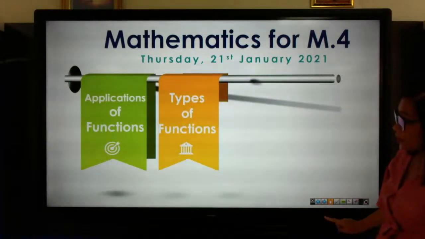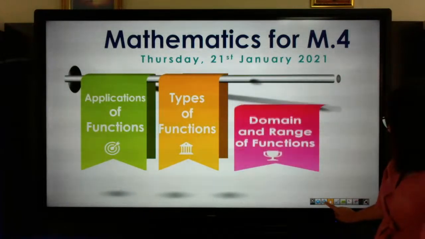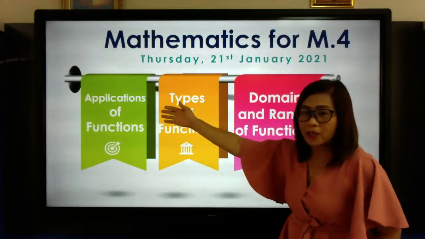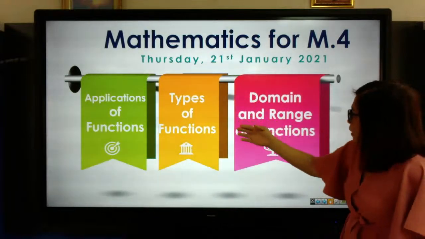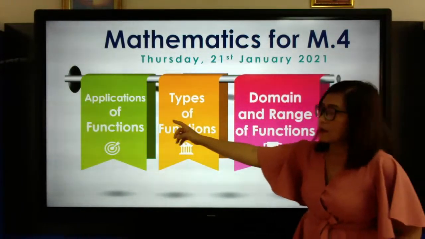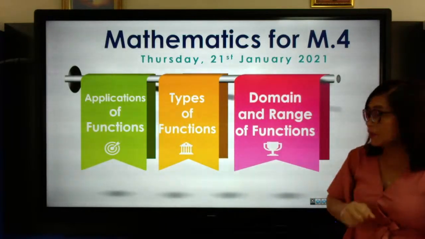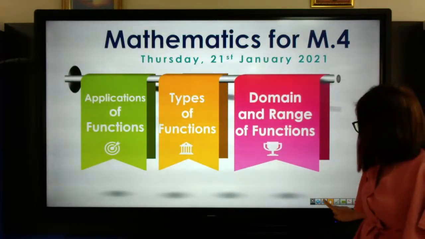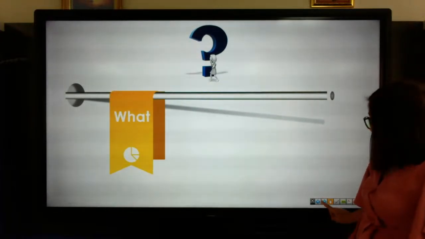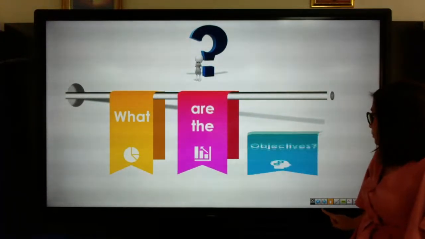This slide is for our subtopics. We have applications of functions, types of functions, and domain and range of functions. These are the three subtopics of the lesson for today. So, what are the objectives for today's lesson?